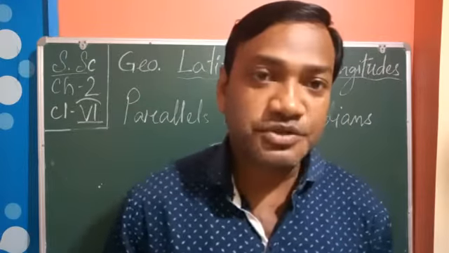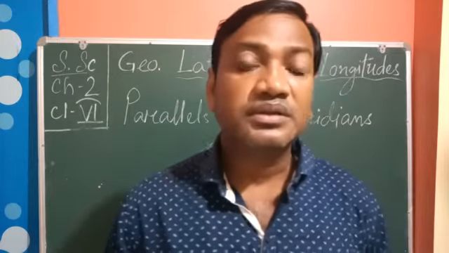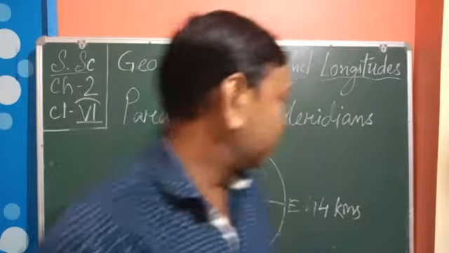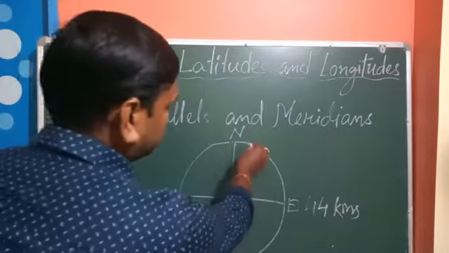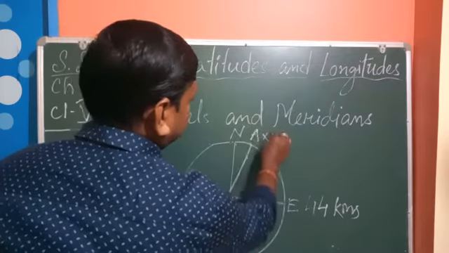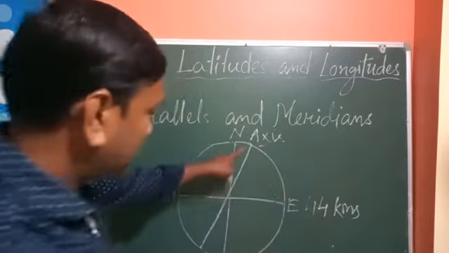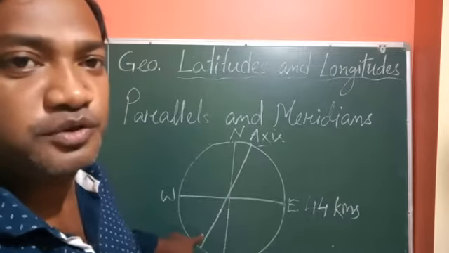The earth rotates, we know. The earth rotates on its axis. So here we find one axis, it is called the axis, and it is also an imaginary line, as we have come to know.